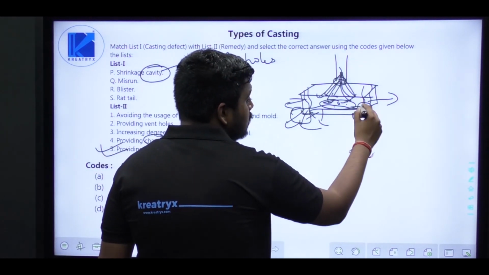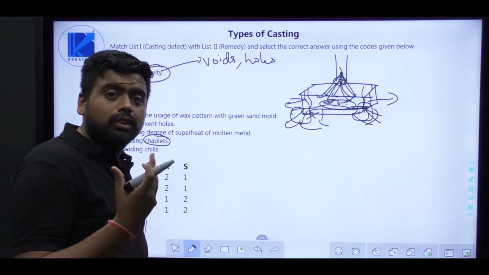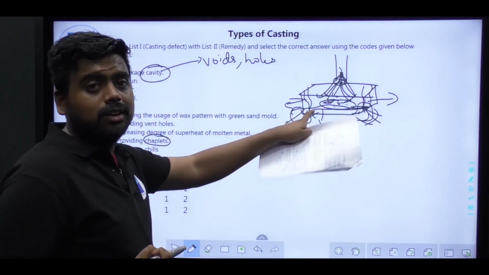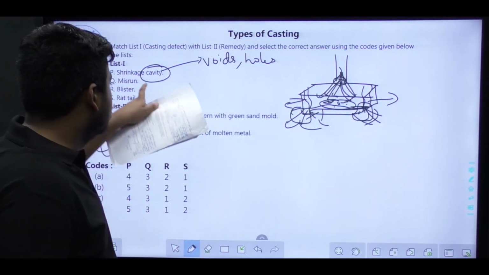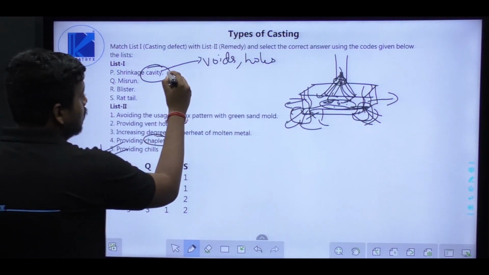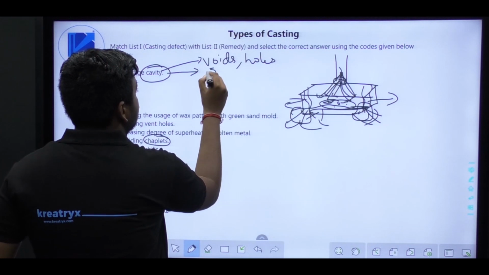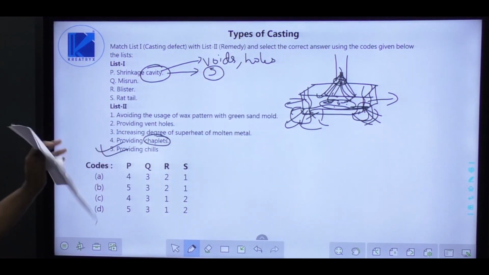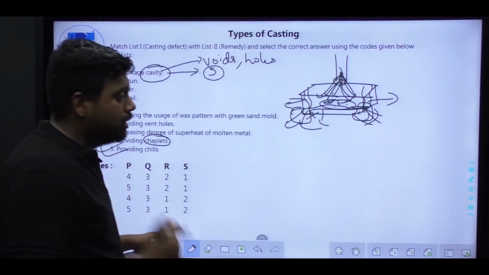Since there would be a uniform rate of solidification, the phenomenon of differential cooling or thermal gradient occurring here will be solved, and shrinkage cavity won't take place. So for P, the option is 5.